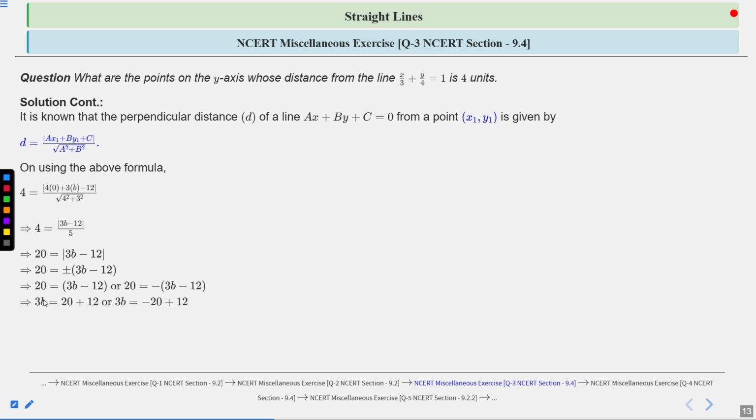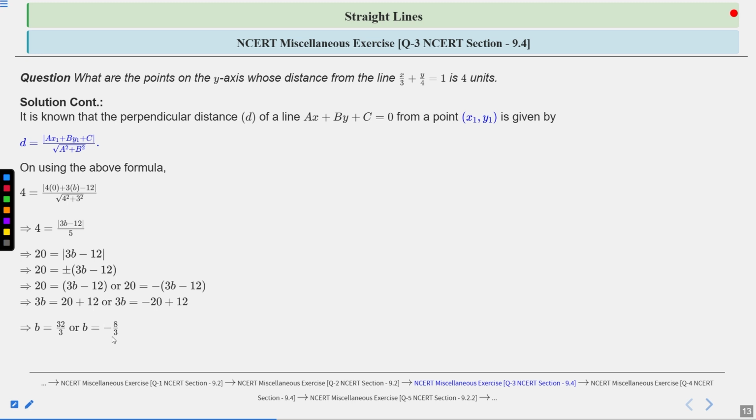So 3b is equal to 20 plus 12, and the other equation implies 3b is equal to minus 20 plus 12. From these two equations we obtain b equal to 32 by 3 or b equal to minus 8 by 3.